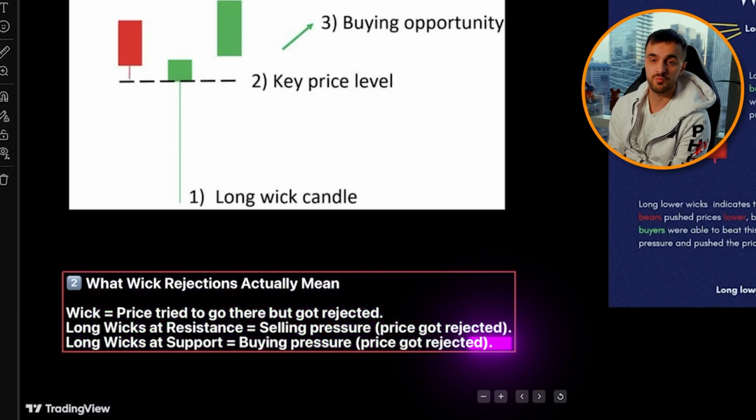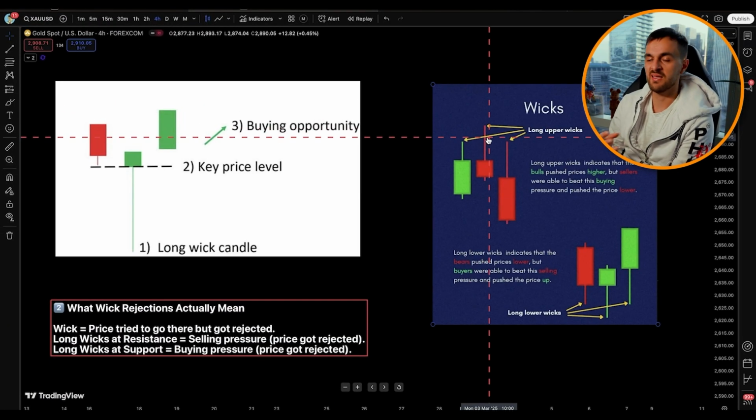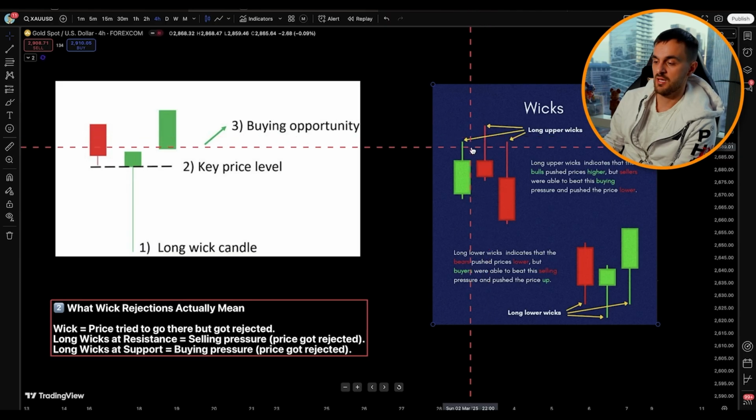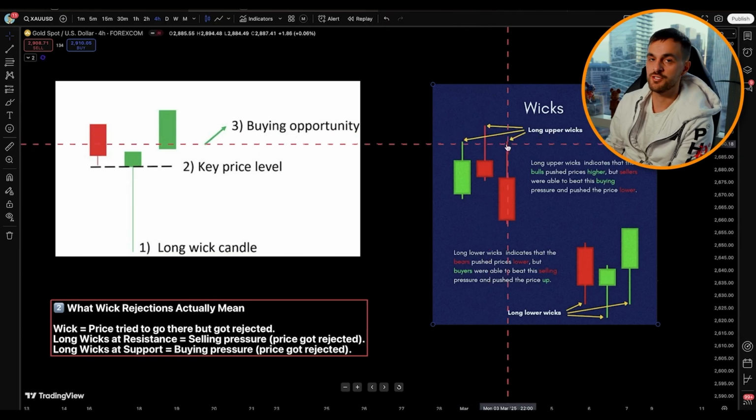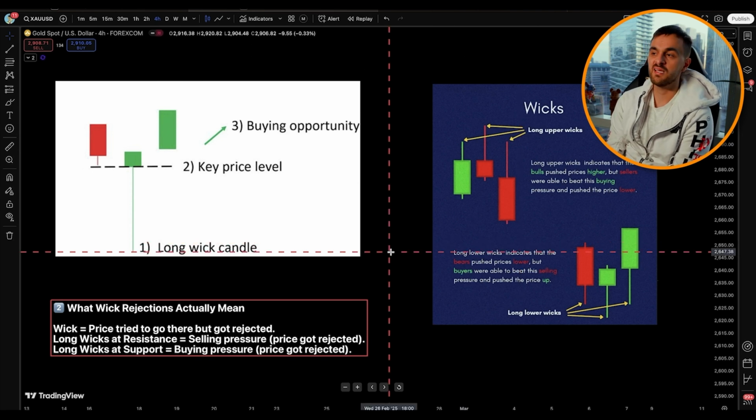It's basically like support and resistance. When you have longer wicks facing the top at a key level or at a resistance, it's showing early signs of rejection, potentially before the market reverses the other way. So long upper wicks indicate that the bulls pushed price higher, but the sellers were able to beat the buying pressure and pushed prices down.